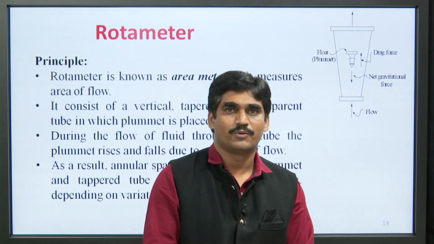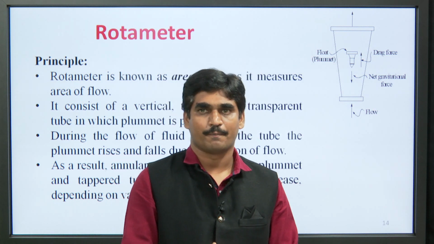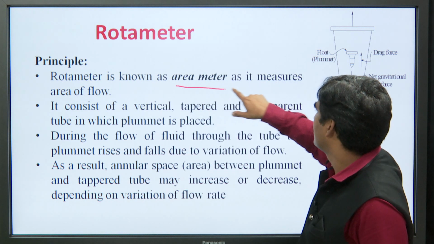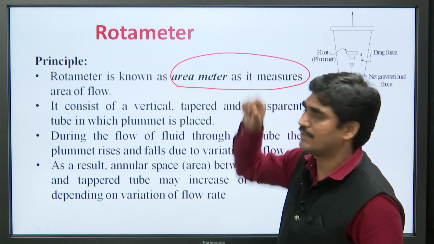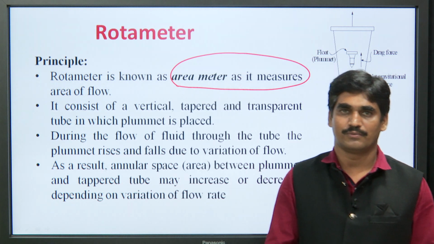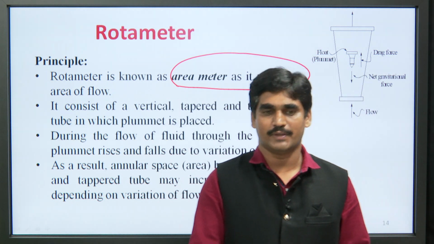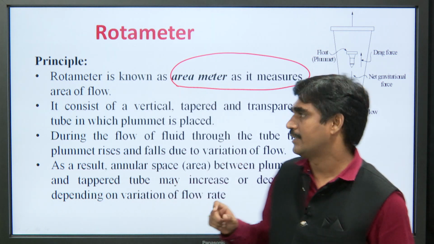The last flow meter is the rotameter, which is also called an area meter. It measures the area of flow of fluids. It consists of a vertical tapered and transparent tube in which a plummet is placed.